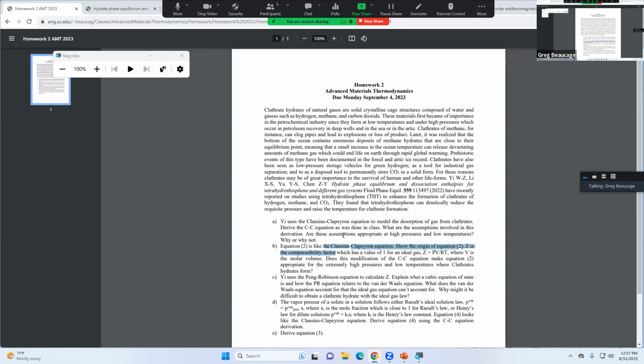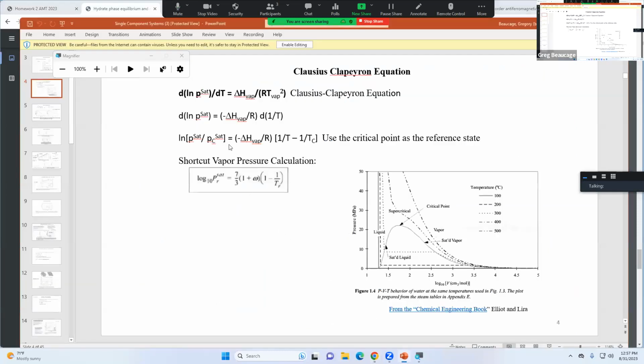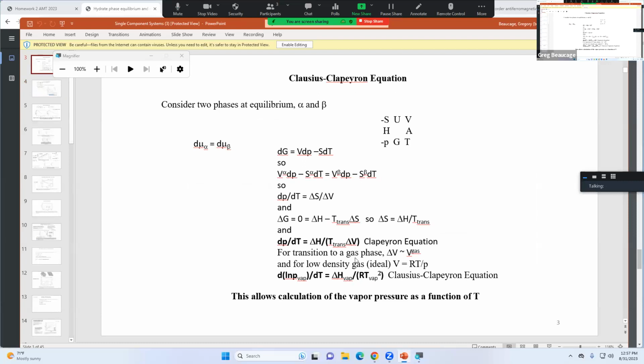Right, so if you just write out, I think what you can do is just say, he's got V here in the previous thing, RT. So you have V here, like in the Clapeyron equation.